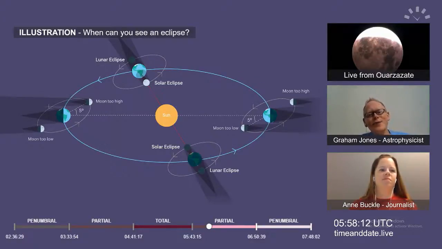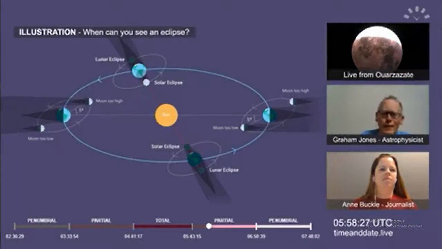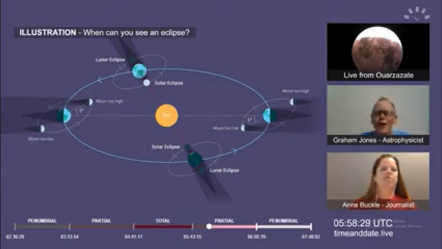We can see the moon's shadow stretching out into space, but it's not reaching the earth because the moon is just above where the earth is on our diagram there. So for most new moons, for most full moons, we have more or less an alignment between the earth and the moon and the sun, but it's not a perfect alignment.